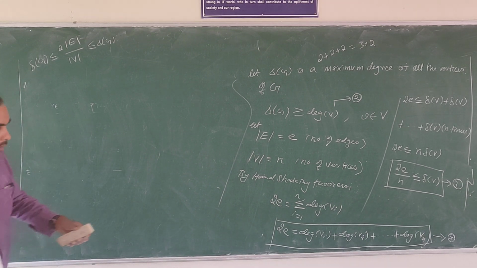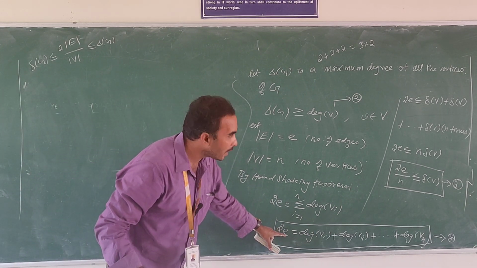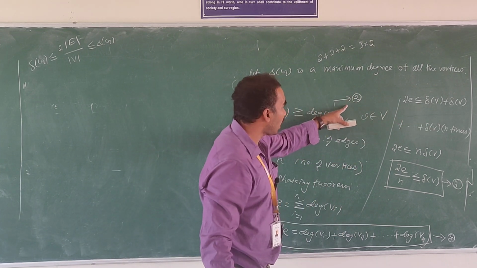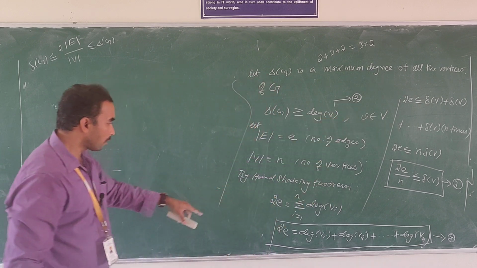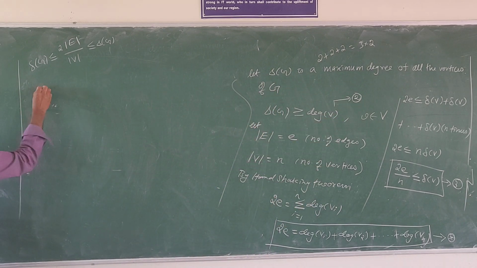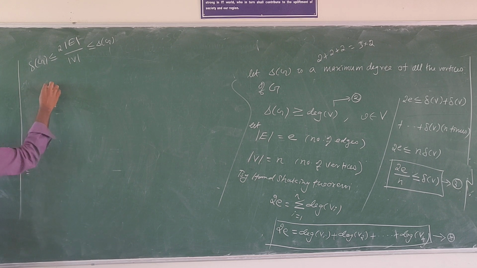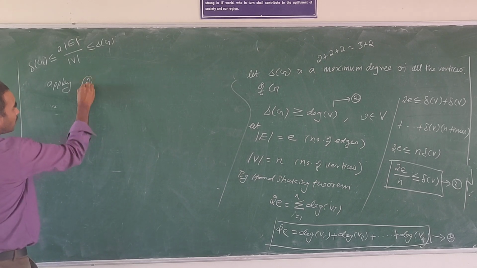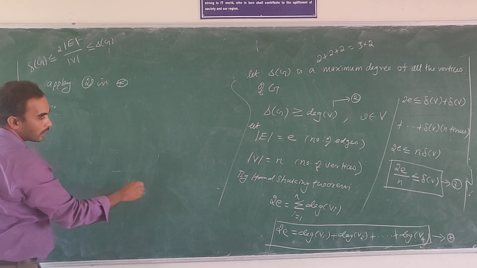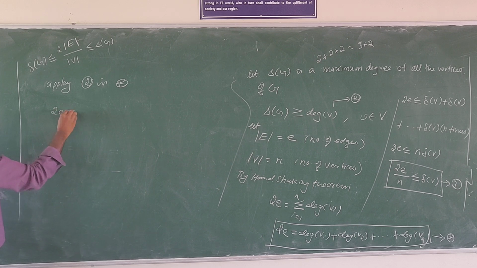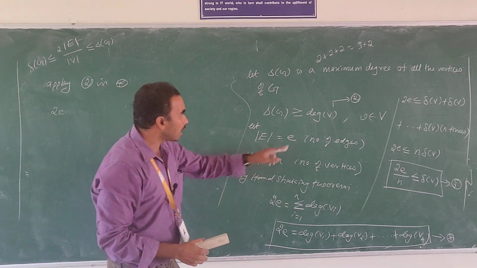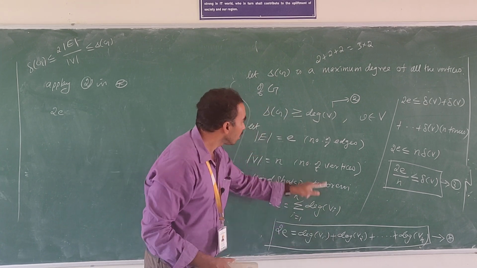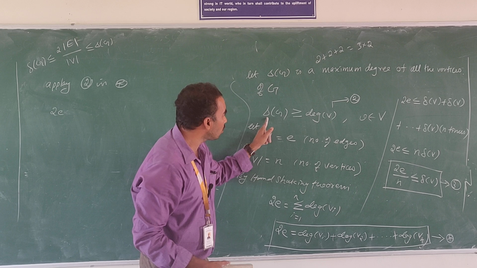Just listen. Apply 2 in the star. So 2E will begin; here we have to use greater than or equal to. Degree of V1 we can use greater than or equal to δG.